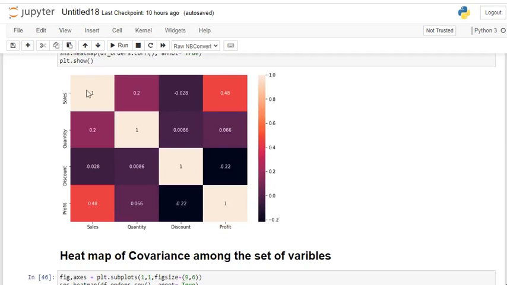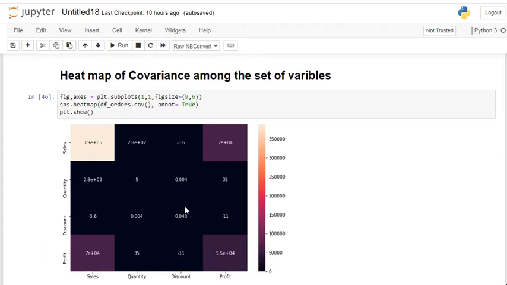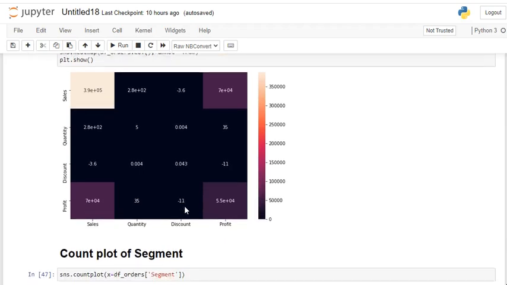Sales versus sales, the correlation is 1, because we are comparing the same variable with the same variable. Quantity versus quantity, discount versus discount, profit versus profit. The problem is when you compare profit versus discount, there is a negative value. So likewise the correlation is visualized by using a heat map.